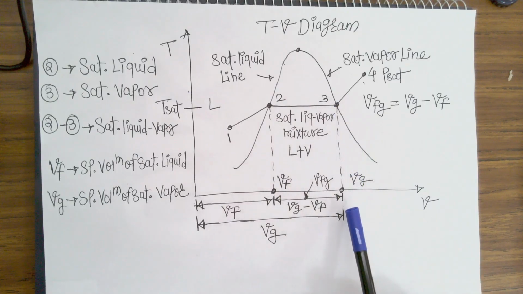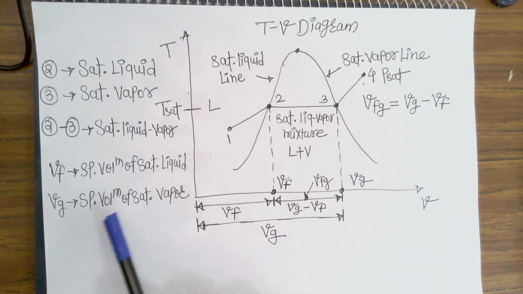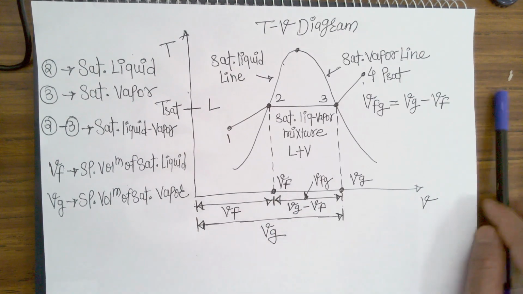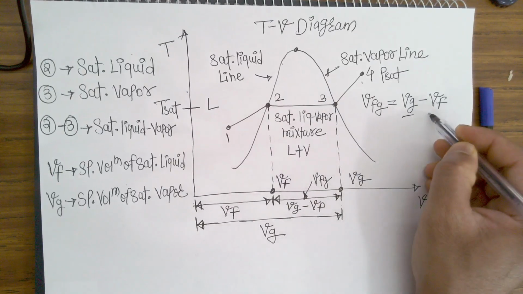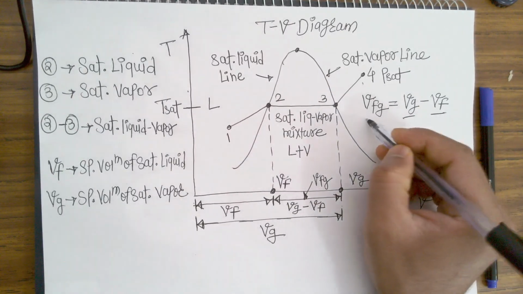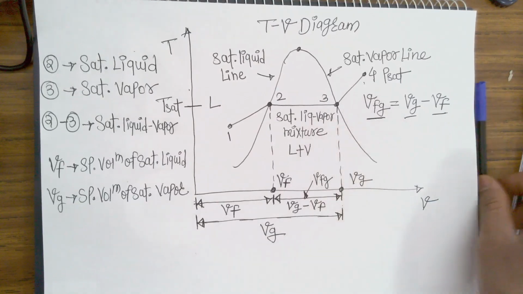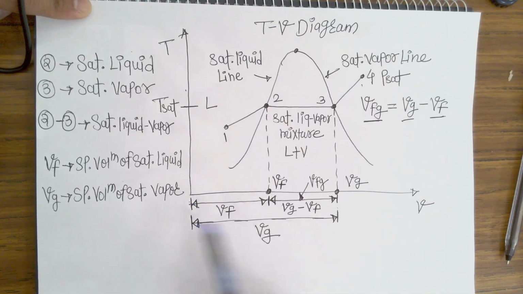Volume corresponding to this saturated vapor is called specific volume of saturated vapor, which is small vg, and we already discussed vg minus vf is equal to vfg. So we have this vf and we have vg.